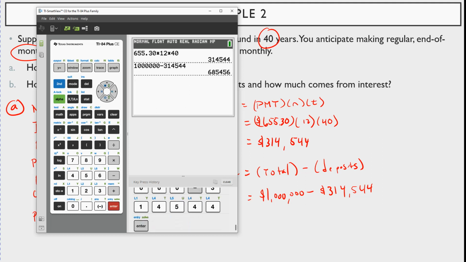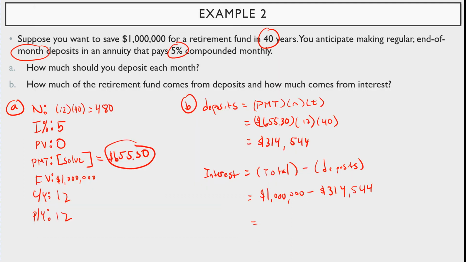This is time value of money. Start putting money away. You made $685,456 in interest. That's awesome. Time value of money. Start saving now. If you start saving now, the more you can put away over a long horizon, you're going to end up with a lot of money.